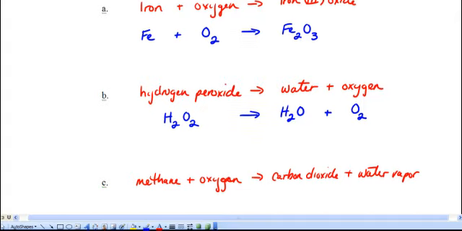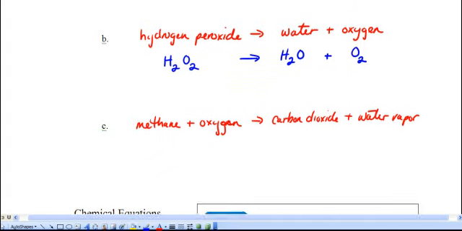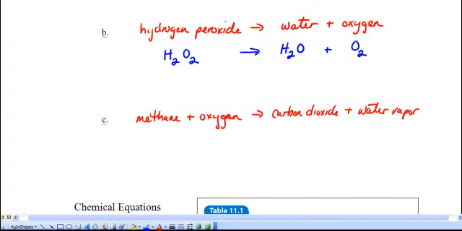And finally, for methane plus oxygen, the formula for methane is CH4 plus O2 produces CO2 plus H2O. So those would be some chemical equations that describe those particular reactions.